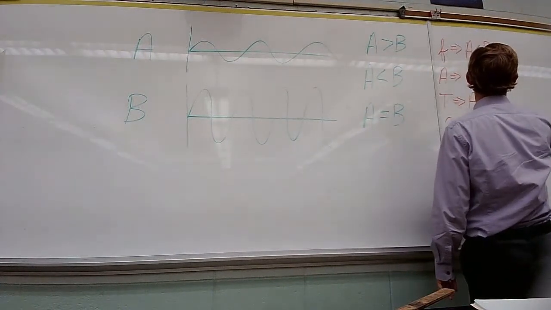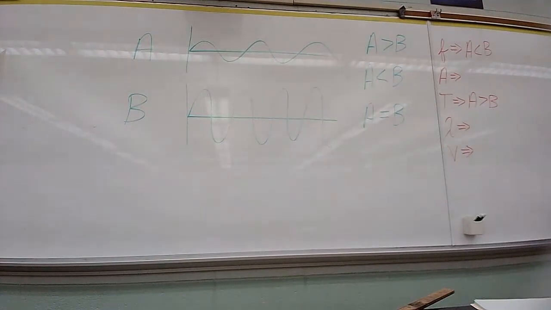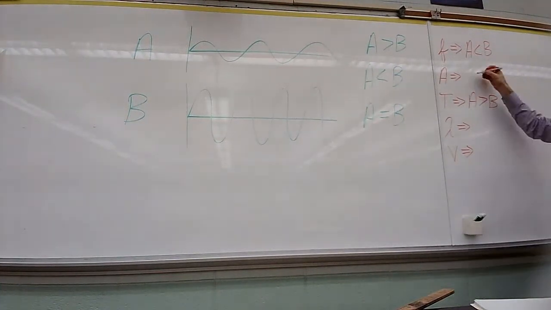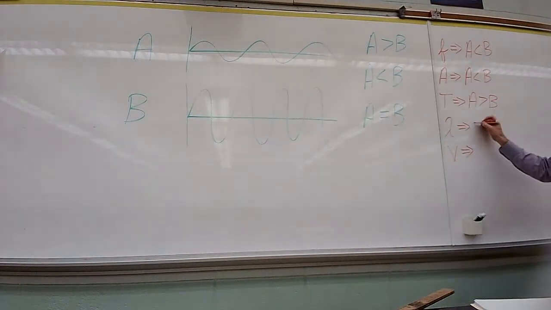So A is going to be greater than B for a period. Now A is amplitude. Which one's taller? B. So A is less than B. Which one has a longer wavelength? A. So A is greater than B.